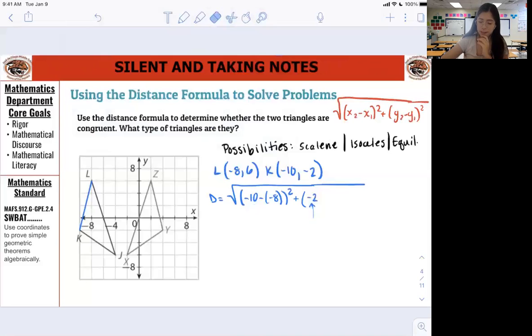Okay, so this is -2 minus 6 squared. Now we can go ahead and calculate. -10 minus -8 is the same as -10 plus 8.